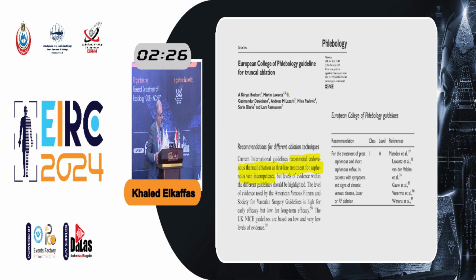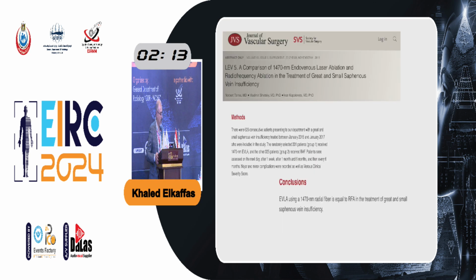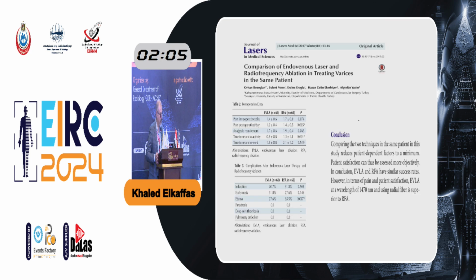According to the European College of Phlebology, they recommend endovenous thermal ablation as a first-line treatment for saphenous vein incompetence with a level of evidence of class 1 level A. Different publications in the literature show comparable occlusion rates between EVLA and RFA.